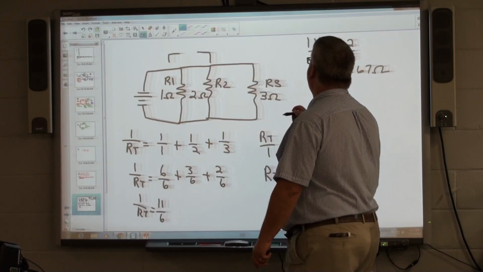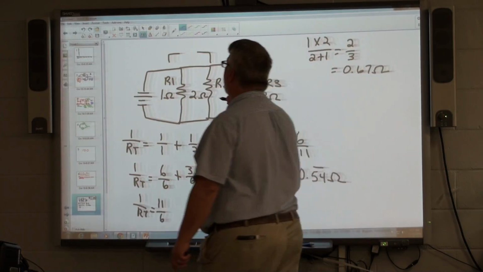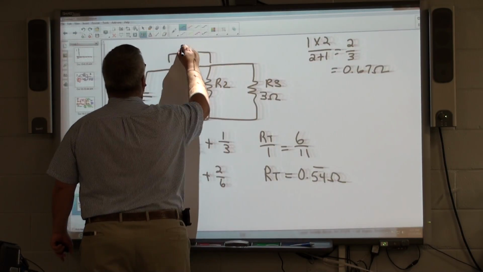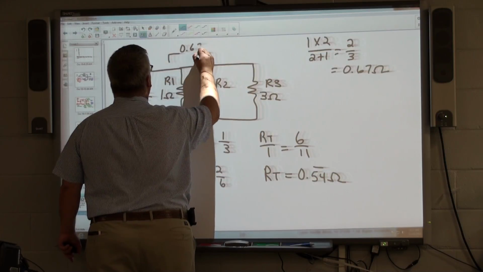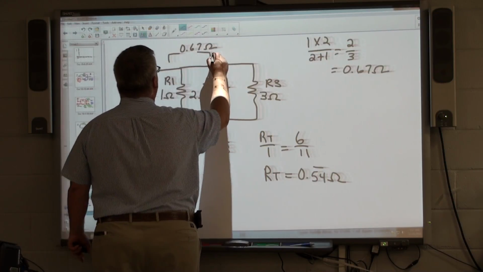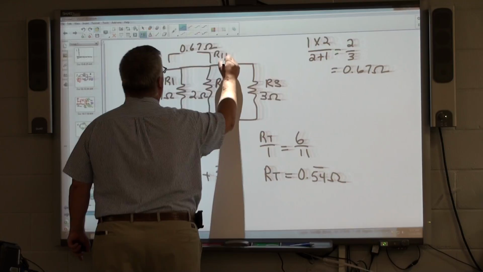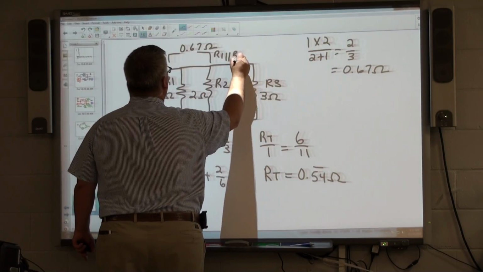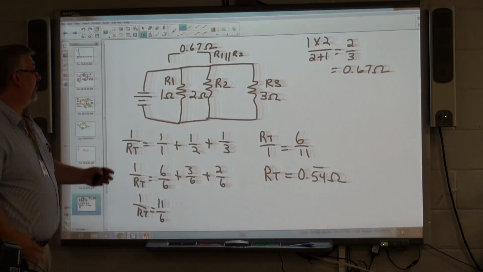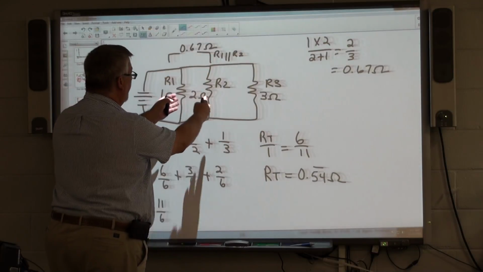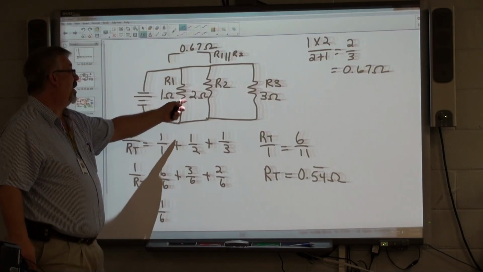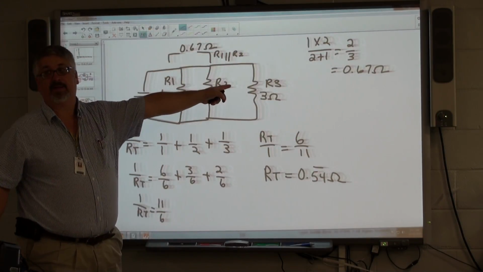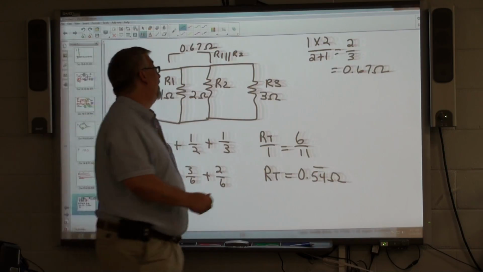So the equivalent of R1 in parallel with R2 is 0.67 ohms, and I'm going to write R1 parallel with R2. So what I've got now is a parallel equivalent of these 2, and now I can take that parallel equivalent and do the same thing with R3.